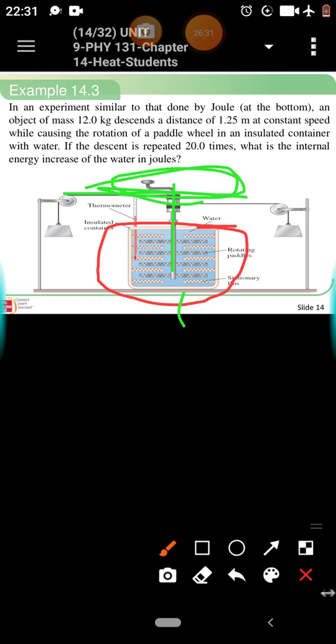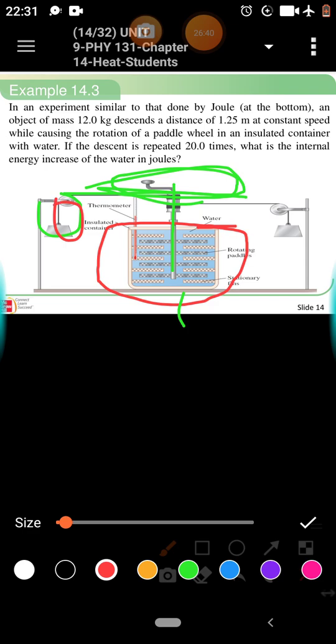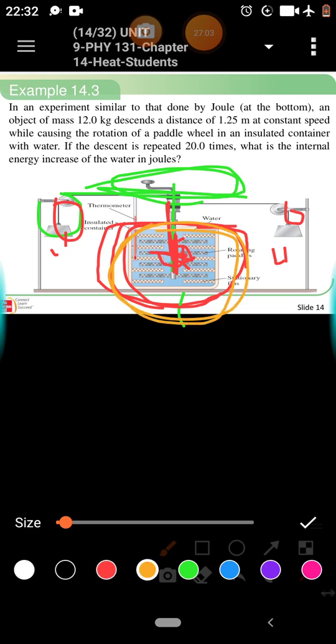In as much as you can see things outside, we are not concerned with what is outside. We are concerned with the energy delivered inside this box.